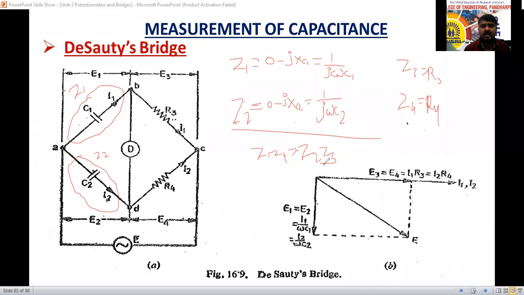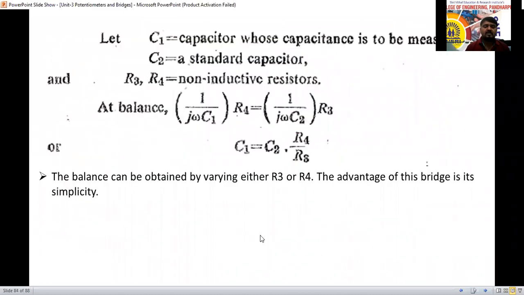So I will take the next slide. Already we have written this here. See here, at balance condition we know the formula, this one is Z1, this one is Z4, this one is Z2 and Z3. Substituting the formulas: Z1 is 1 by j omega C1, Z4 equal to R4, Z2 equal to 1 by j omega C2, Z3 equal to R3.